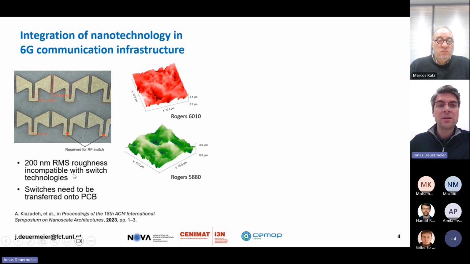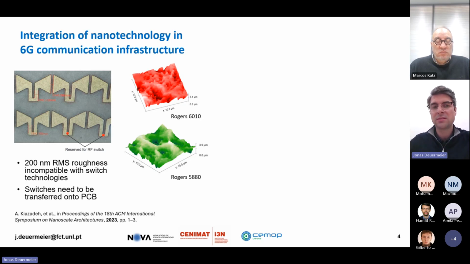So it's a big incompatibility. That's also the reason why many switches which are currently used, like diodes or CMOS-based devices or gallium nitride, normally have to be transferred onto the PCB. You may do that in an optimized way, not one by one, but it's still an effort to first package these diodes or switches, and then use a machine to transfer an array of them there and ensure a good connection.